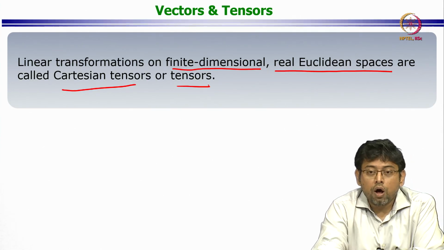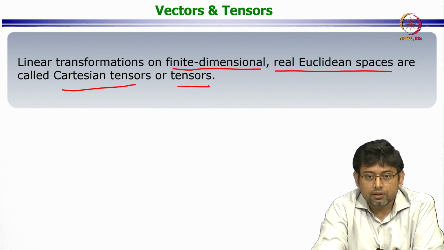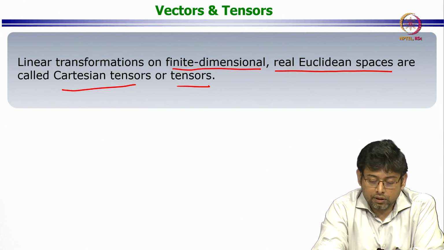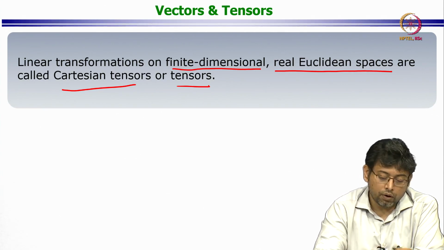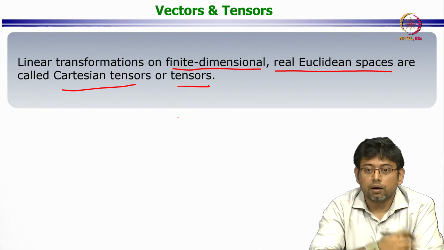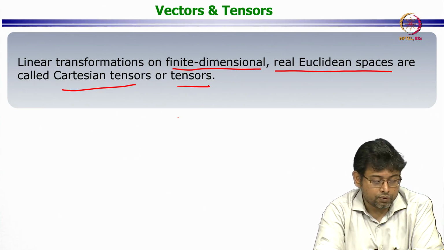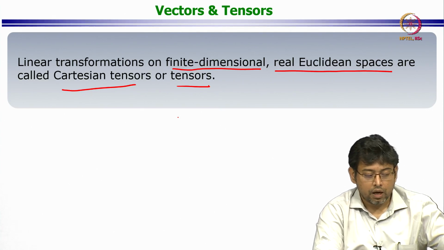So not all linear transformations are tensors. Linear transformations which are restricted to finite dimensional systems and where the vector spaces are a real Euclidean space, which means a dot product can be defined, those tensors are called Cartesian tensors. Okay. So we are going to see Cartesian tensors quite a bit more as we move ahead.